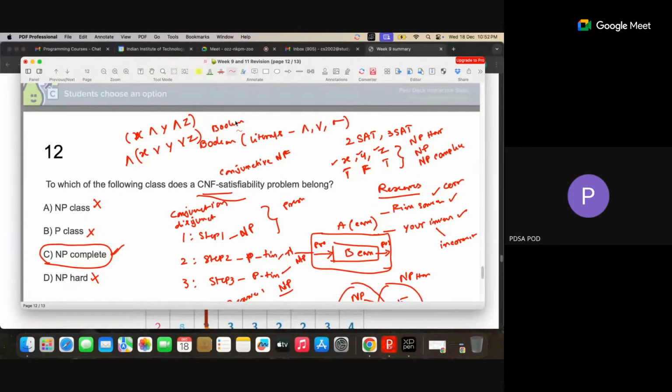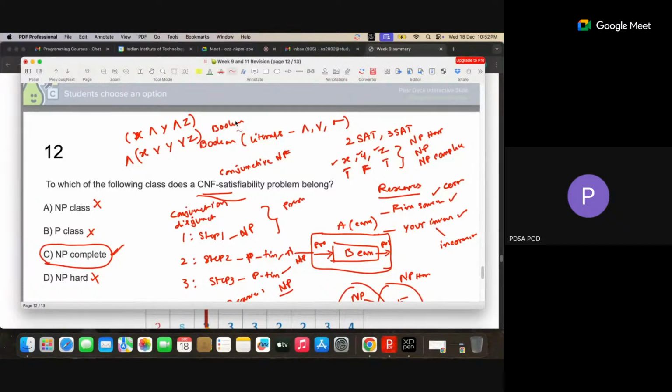For 2-SAT, 3-SAT, 10-SAT problems, we cannot say completely which category. They are in dynamic change. Based on 3 literals, 4 literals, their classification is changed. If you use X and Y and Z, then it is polynomial time solvable.